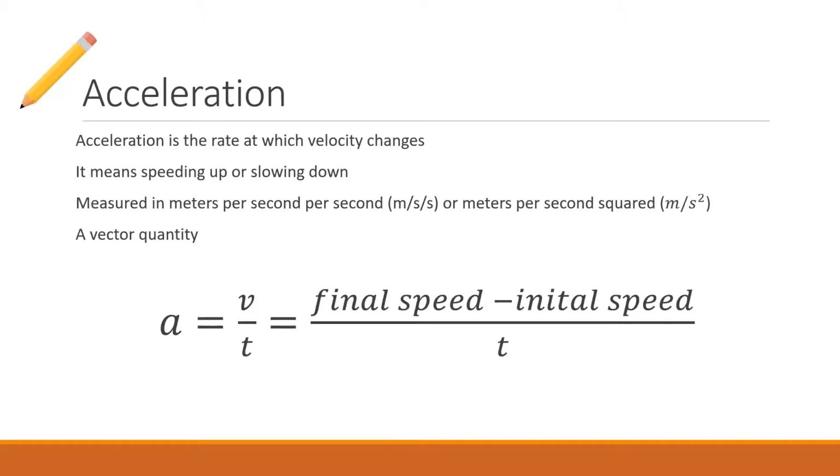And last but not least, we've got a formula here. It's the change in speed. So in order to do that, we need to have a final speed and an initial speed.